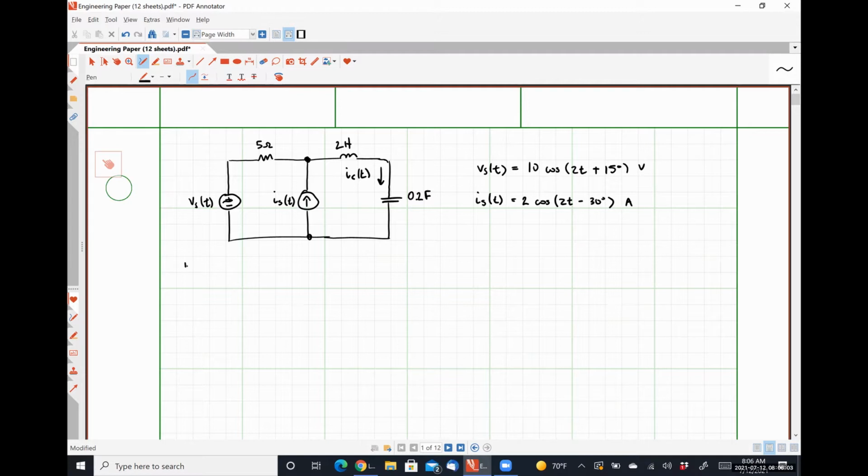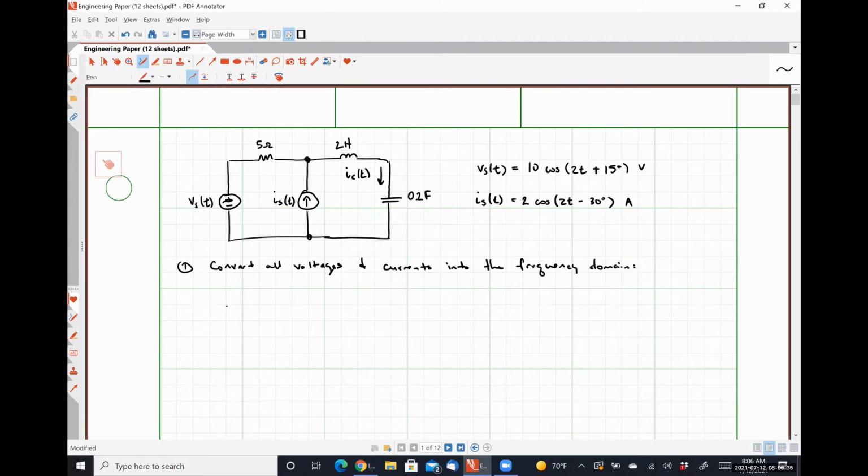Our first step is to convert all voltages and currents into the frequency domain, or effectively replace our voltages and currents with phasors.